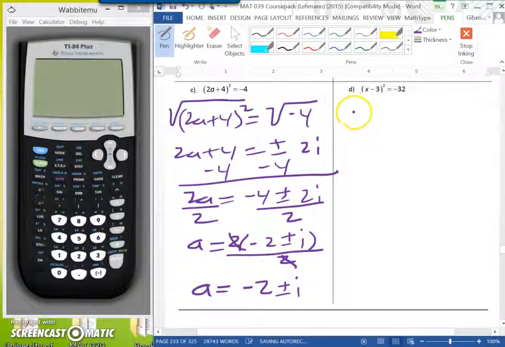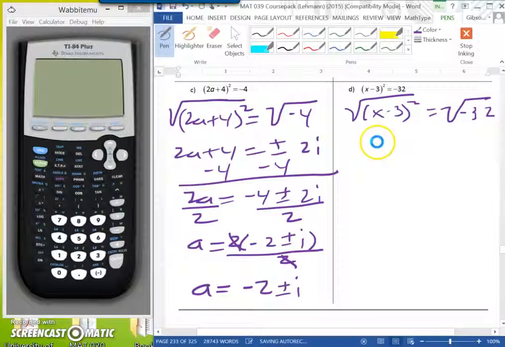Now D, our last problem. We will take the square root of both sides. And then we will have x minus 3 is equal to, now, we know we will pull out an i, and it'll be positive or negative. But for 32, we have a perfect square of 16 in 32.